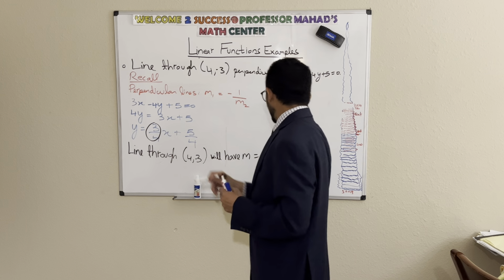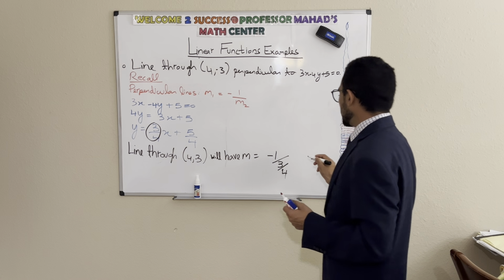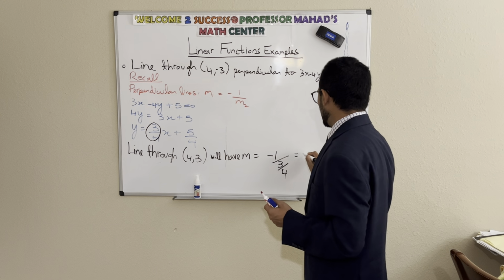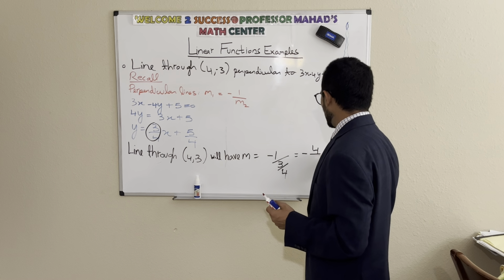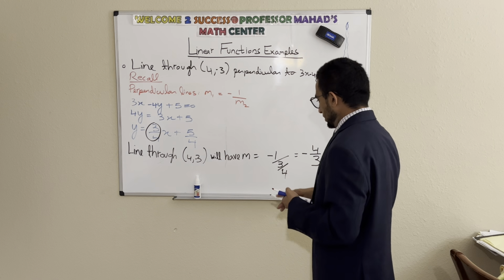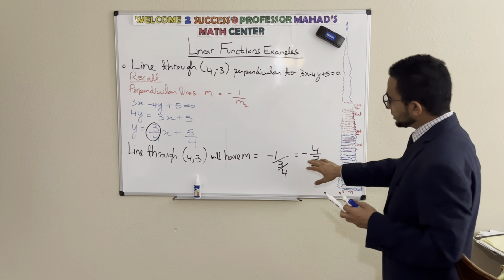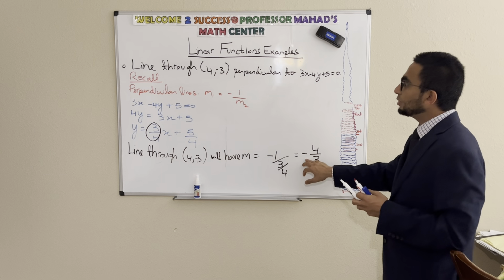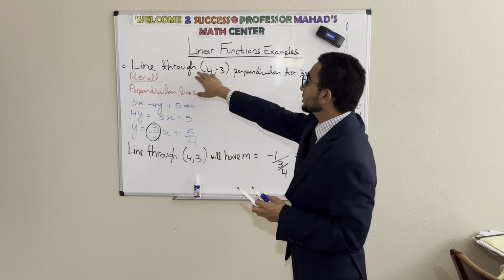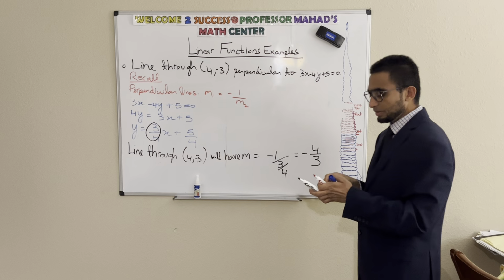That's a positive 3 by 4, which will give us eventually -4 over 3. So this is our gradient for the line passing through 4, -3, sorry.